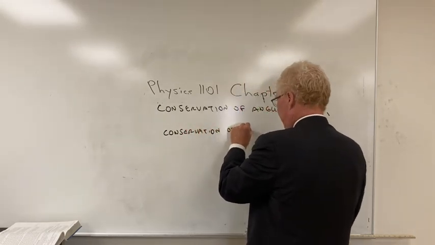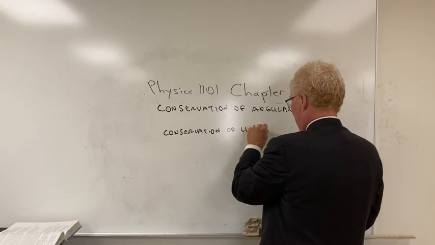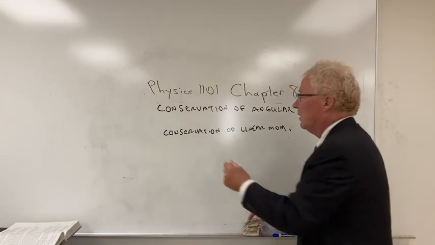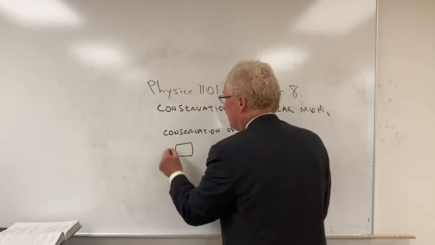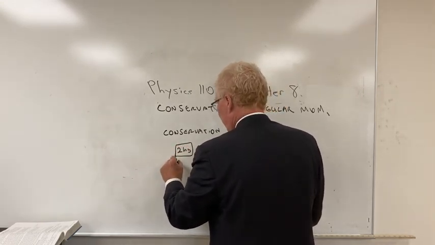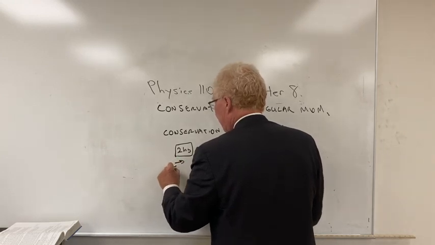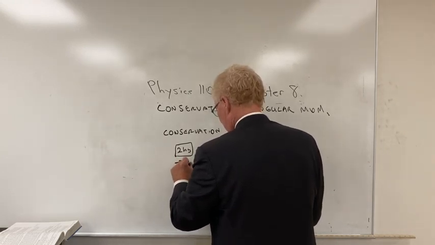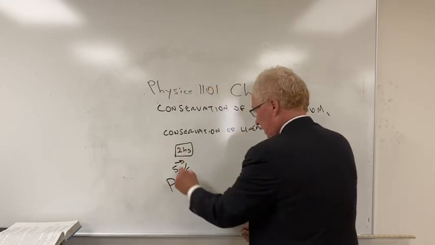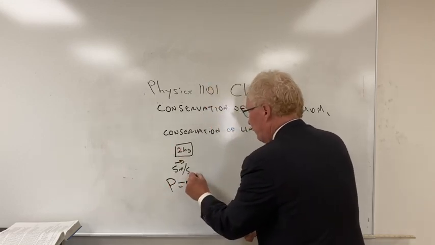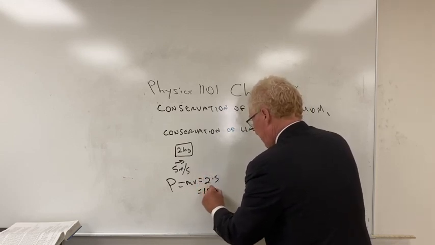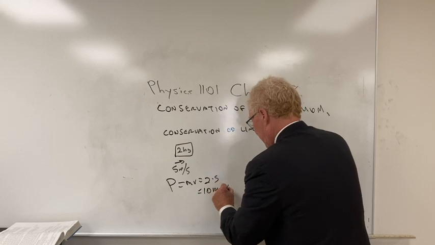linear momentum. But this is only true for collisions. So if I have an object with 2 kilograms moving at a velocity of 5 meters per second, the momentum P is m times v, which would be 2 times 5, or 10 kilogram meters per second.